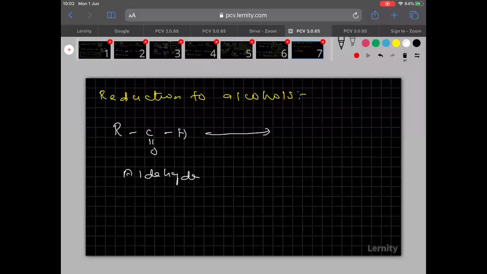When this aldehyde undergoes reduction, what is the product formed? RCH2OH. Remember everyone, this RCH2OH is a primary alcohol. You may ask me, what is the reducing agent used? The reducing agent may be NaBH4, sodium borohydride, or LiAlH4, lithium aluminium hydride. Any one of the reducing agents can be used here.